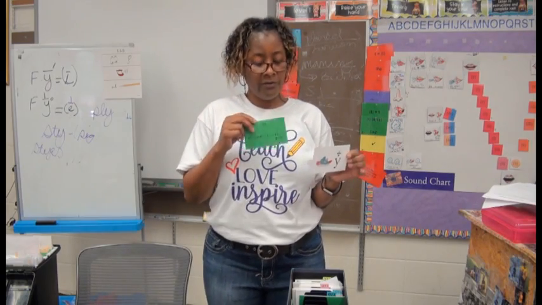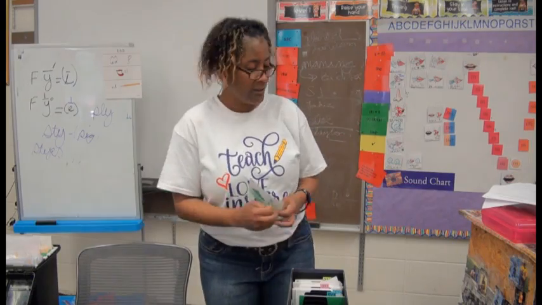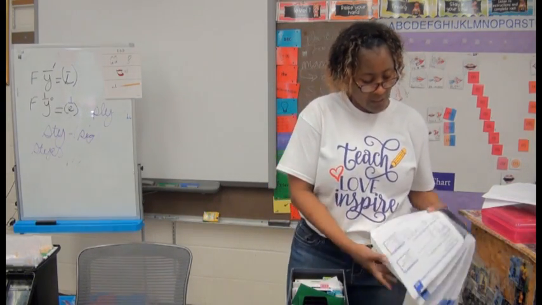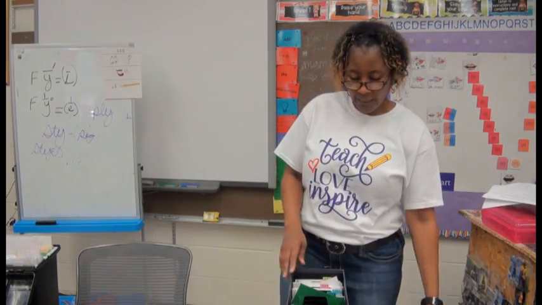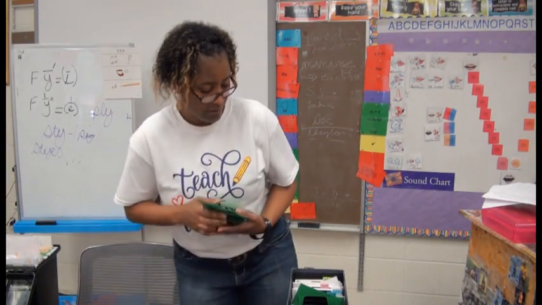Do you get it? Yeah. Okay. And I didn't show y'all your keyword and sound. I'm sorry. Okay. Now, let's go and do our phonemic awareness. Get out your sound charts and get your mirrors right there.